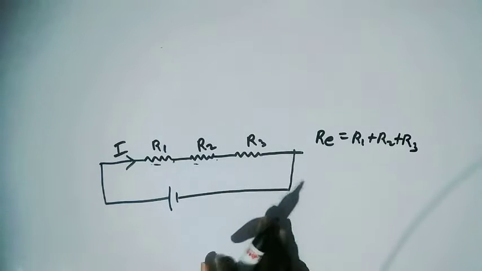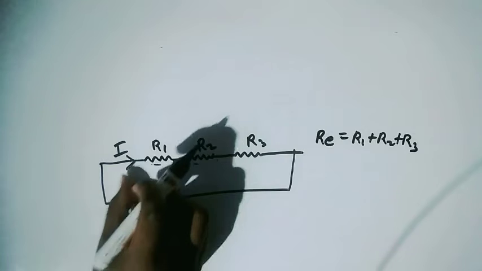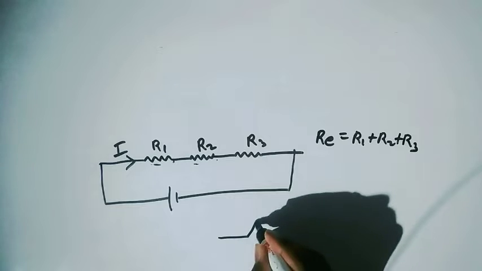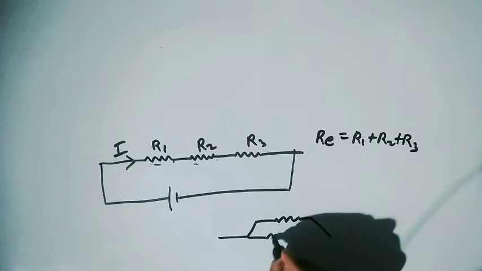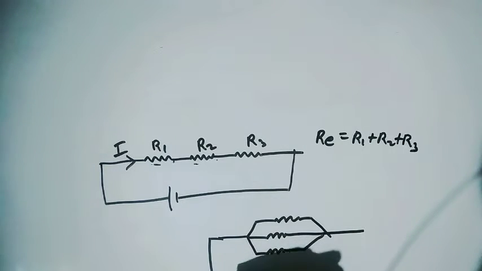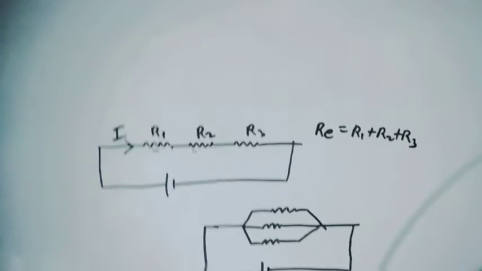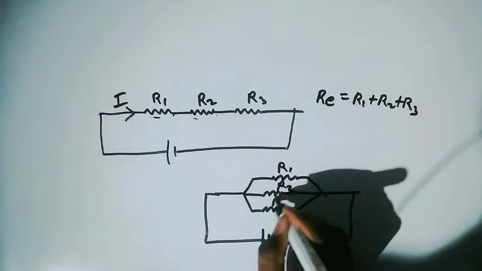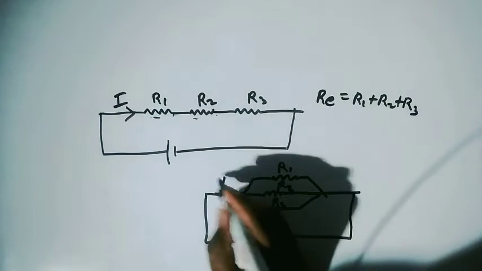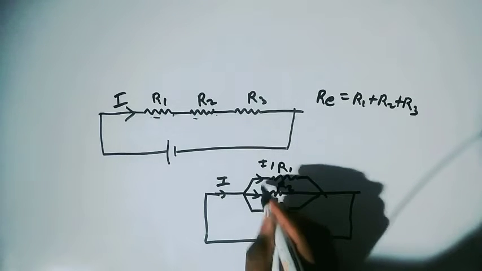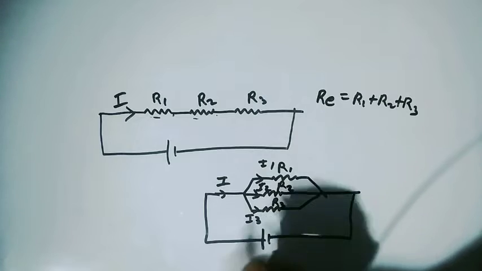But if a different amount of current flows through them, let's see this example. If we have these three resistors connected in this way, R1, R2 and R3, and if current I is flowing through this circuit, then I1 current goes here, I2 goes here and I3 goes here.